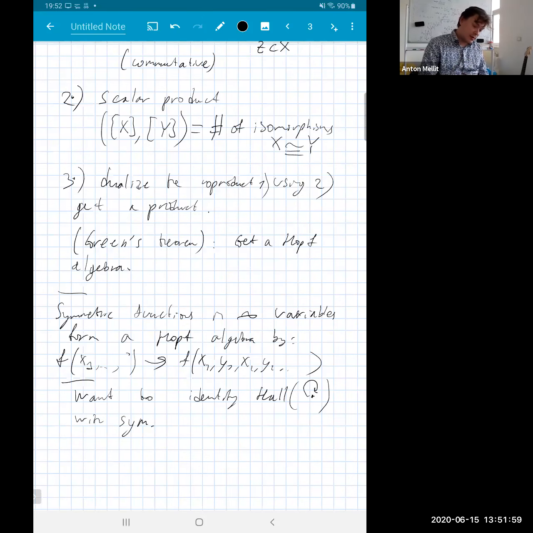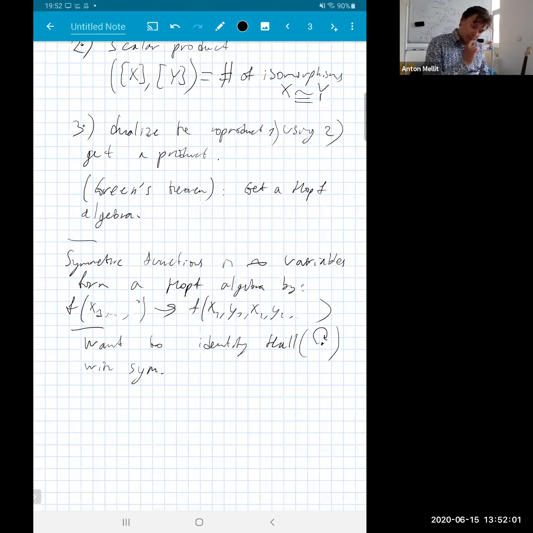And how do you do that? There is a neat way to do it, as follows. Take some element x, apply the iterated coproduct, and you get n things.